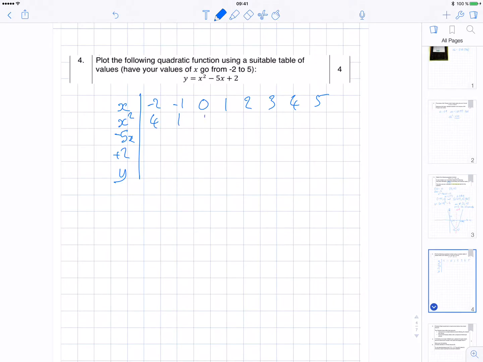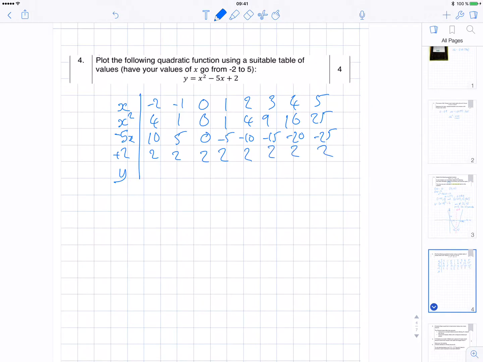So it's 4, 1, 0, I'm only squaring them, 1, 4, 9, 16, 25, times this by minus 5: 10, 5, 0, minus 5, minus 10, minus 15, minus 20, minus 25, and 2 for each.